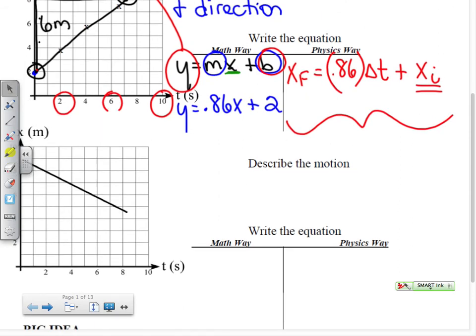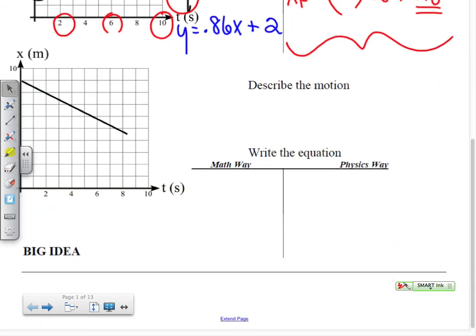Once again, I'll let you do the bottom part. You can find the slope of this line. You can write your equation the math way. You can write your equation the physics way. And basically what we end up with is one big idea at the very bottom.